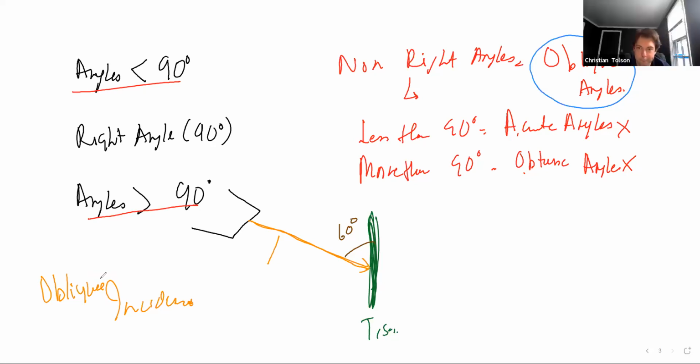So what two kinds of incidences do we have now? We have a normal incidence. What would be a normal incidence? If it hits the tissue boundary at a 90-degree angle or at a right angle. Another kind of incidence that we will have is an oblique incidence, because it strikes the boundary at an oblique angle.